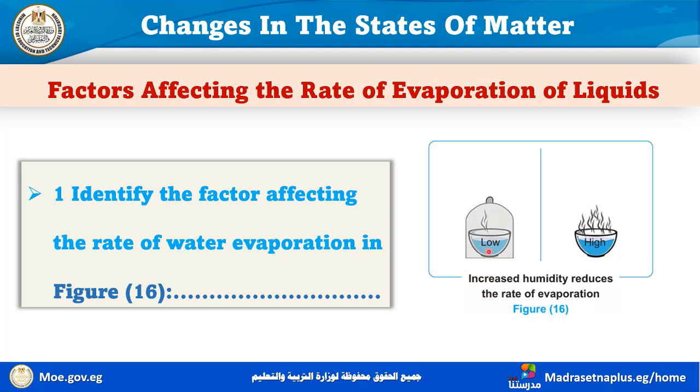By increasing the humidity, like in this photo, the rate of evaporation will be low, while in dry air the rate of evaporation increases, and so the relation between the humidity and rate of evaporation is an inverse relation. So the third factor here is the humidity.